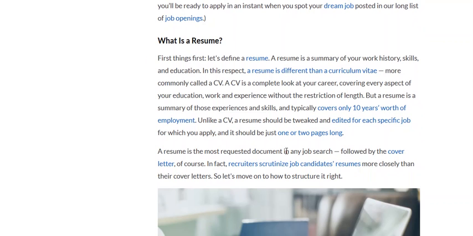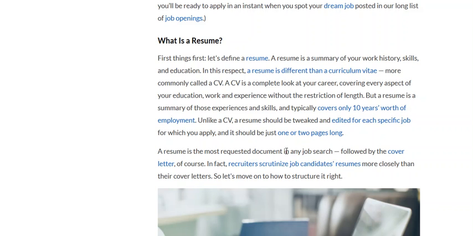In this respect, a resume is different from the curriculum vitae, more commonly called a CV. A CV is a complete look at your career, covering every aspect of your education, and so on. But a resume is a summary of those experiences and skills, and typically covers only 10 years. So out of this paragraph, you were supposed to extract the most important idea of what a resume is.